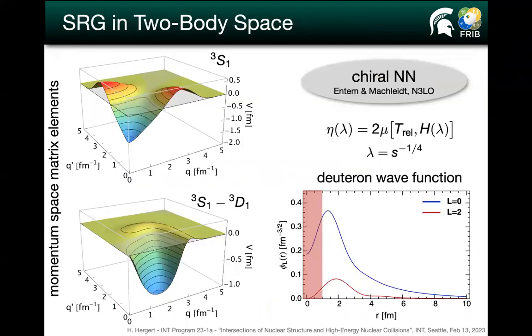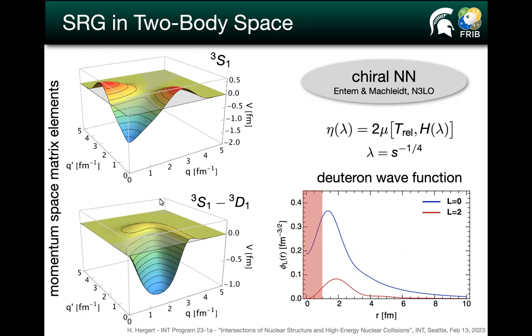So to illustrate how the SRG works, and I apologize to the nuclear people, you've seen this millions of times by now, but maybe the people from heavy ion or high energy physics haven't. So what I'm showing here is 3D plots of the deuteron partial waves of the nucleon-nucleon interaction. This particular nucleon-nucleon interaction is from Entem and Machleidt, the chiral N3LO force.